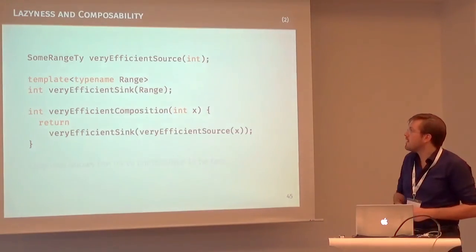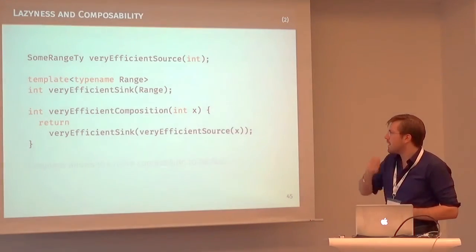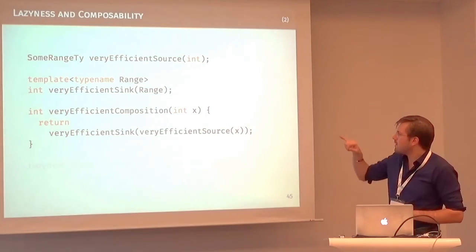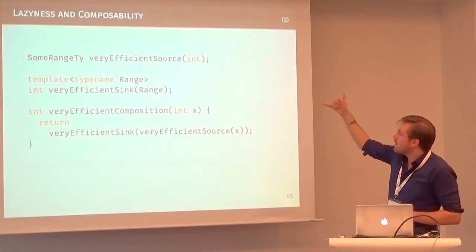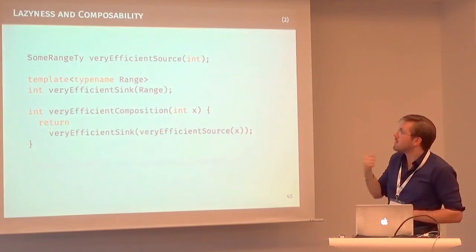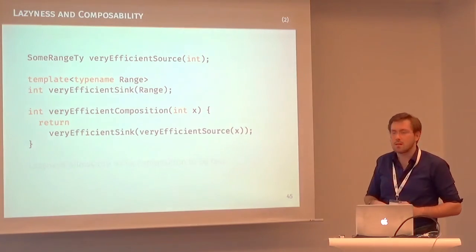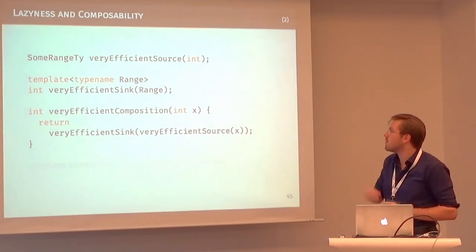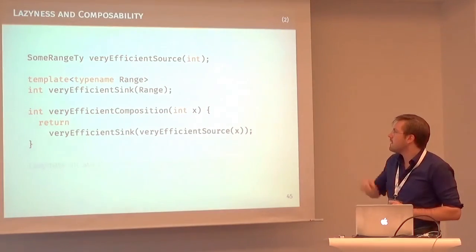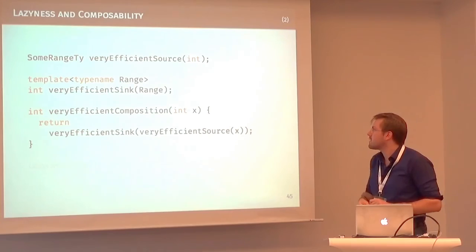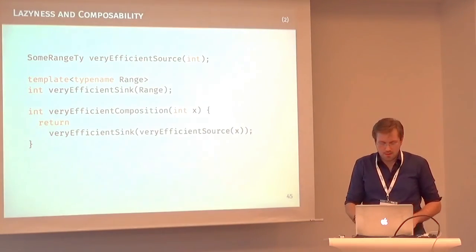So imagine instead if you had a range-based solution. So you have the very efficient source now returning a range type, a type whatsoever. We don't need to know which type it is. The sink function accepts any range, okay?